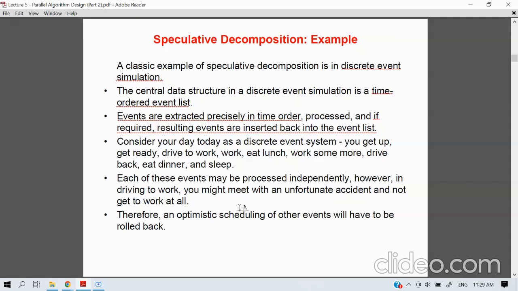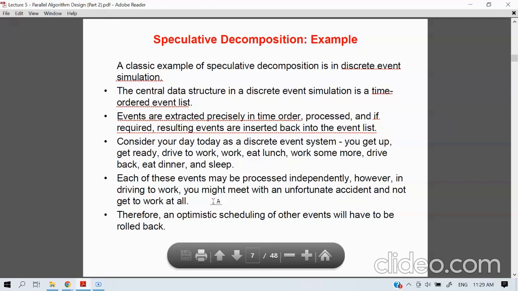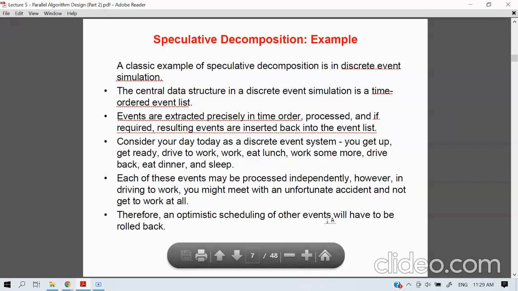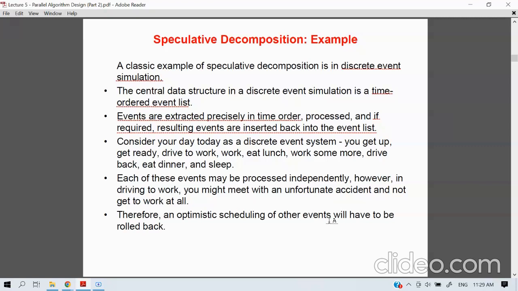That's why he mentioned the accident earlier. So we can't proceed to the next event. It does not work at all, so we need to roll back. Therefore, we need to implement optimistic scheduling of other events. Kita kena roll back lah. Buat balik, or reschedule or reorder the events that we have set or decomposed.